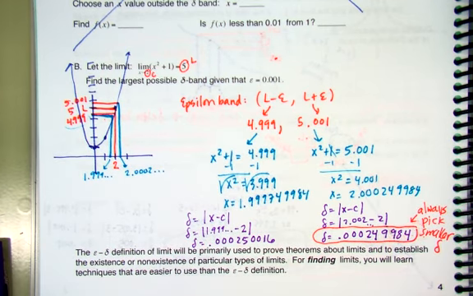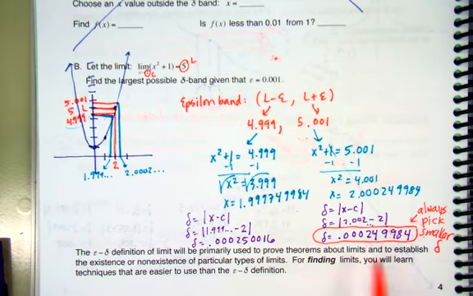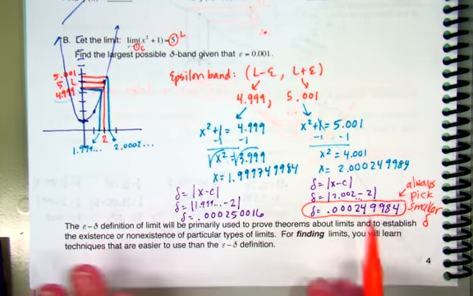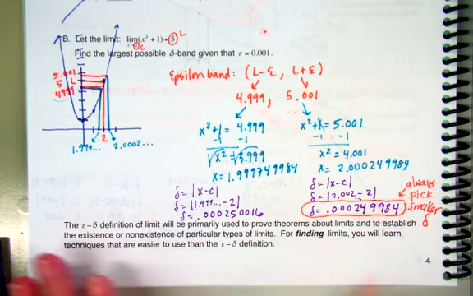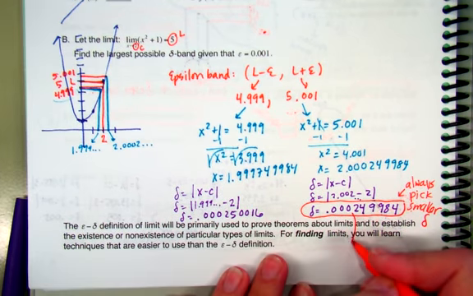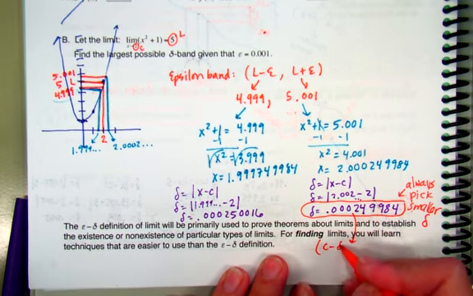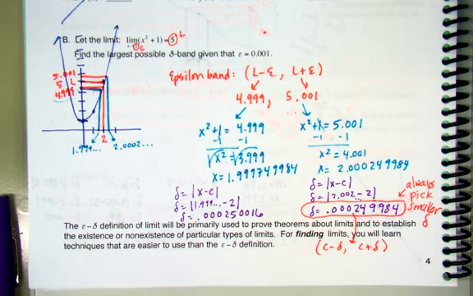Okay. Now what were we supposed to find? Oh, we're supposed to actually find the delta band. So we didn't actually find the delta band yet. So the delta band with this new delta now is c minus delta, c plus delta. So to actually find that band, I need to do c minus delta, c plus delta. It's a lot of calculator stuff. Okay, so c is 2 minus 0.000249984.